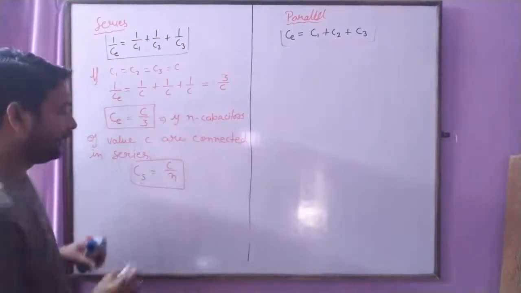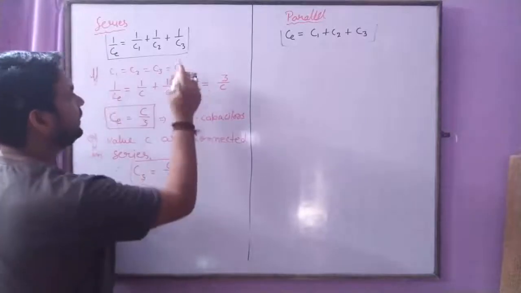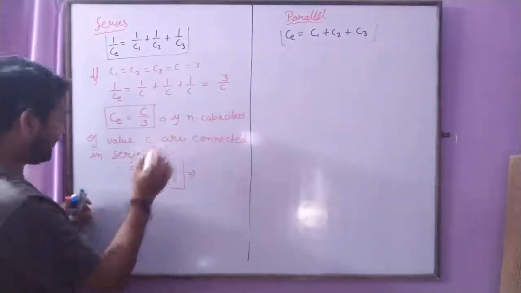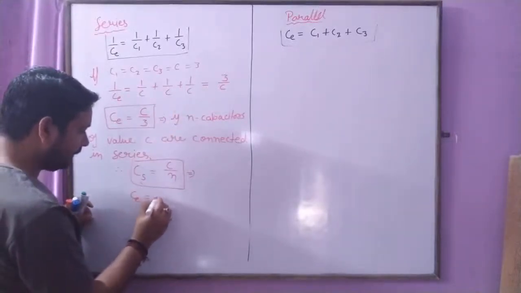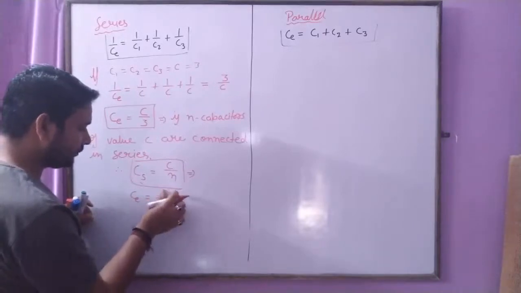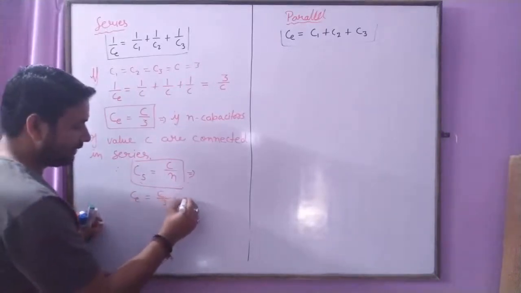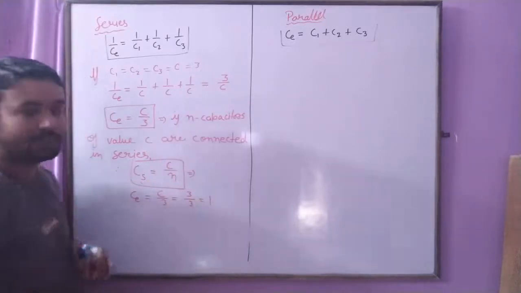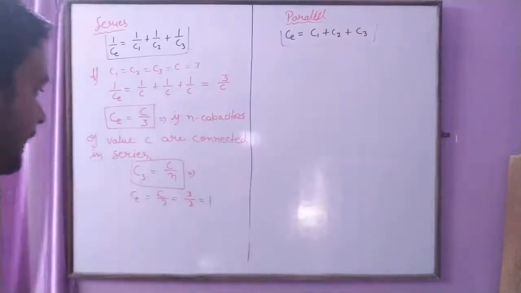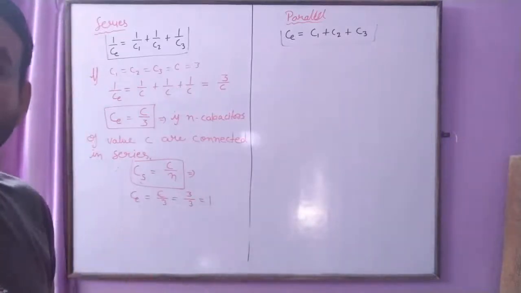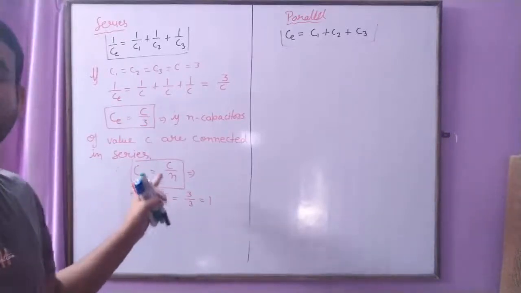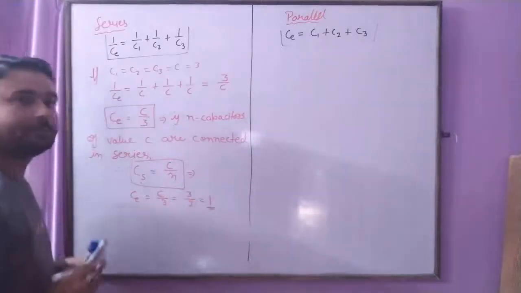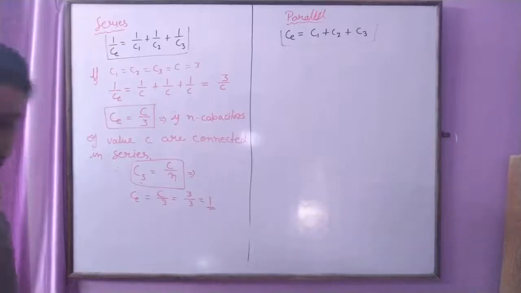Now if the value of each capacitor is 3, just as we assume, we get the value of CE is equal to 3 by 3, because we have the result C by 3. So by putting the value of C as 3, we get the result 1, which means the equivalent capacitor in series is always smaller than every individual capacitor connected in the series. As you find here as a result, just note this.